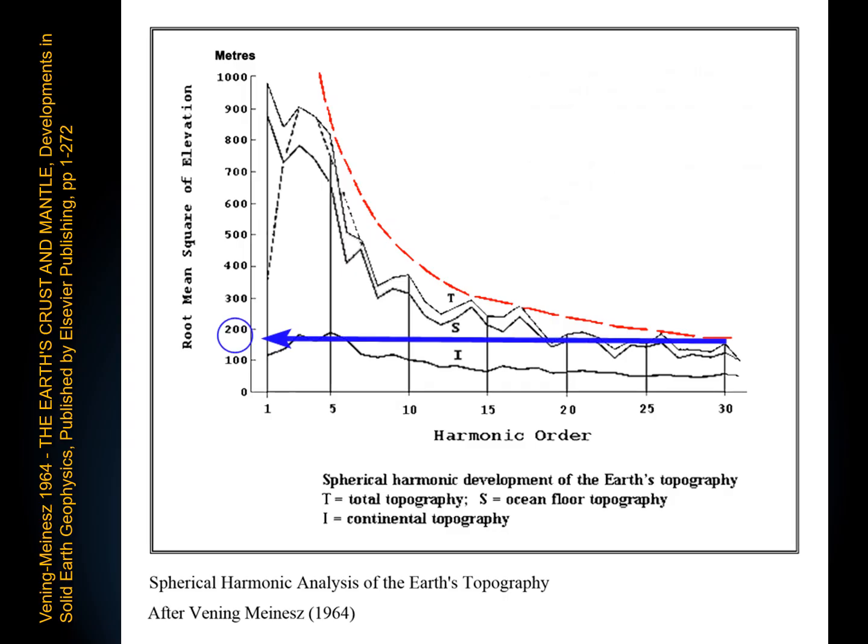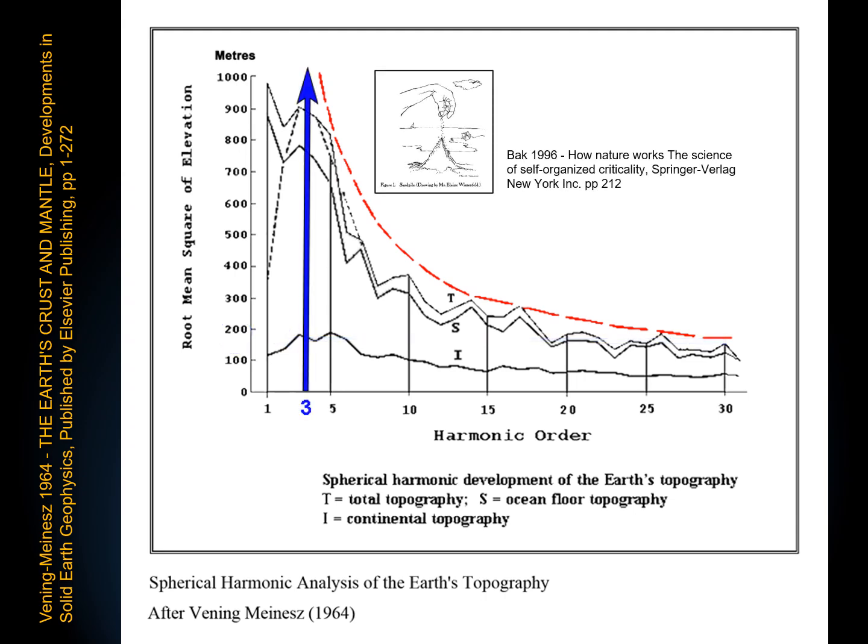For instance, at the 30th spherical harmonic, the rocks have sufficient strength to support an elevation of 200 meters. However, this would not be the case for spherical harmonic 3. The reason is that at these lower spherical harmonic orders, the Earth is more like a mound of sand than a solid rock.